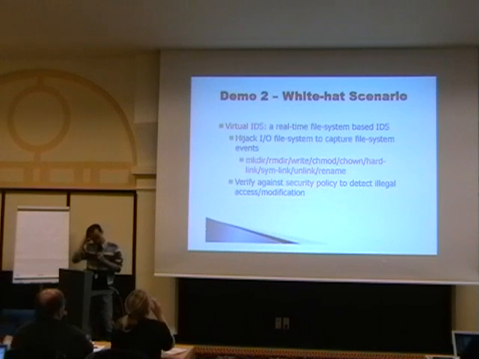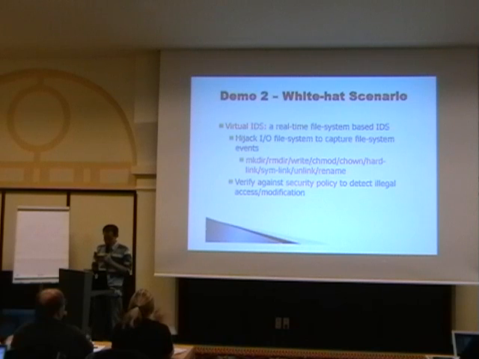Okay, the second demo. In this demo, I have a virtual IDS. I monitor all the activities in the file system, and I capture the information related to the file system. And after that, we can see what happened, and we can verify against the policy to detect illegal access.